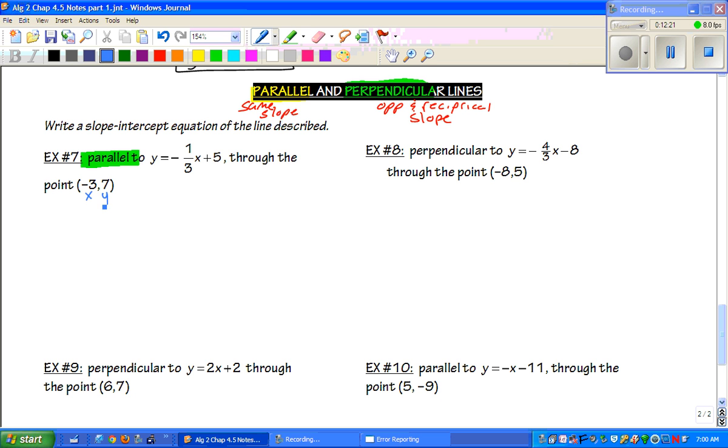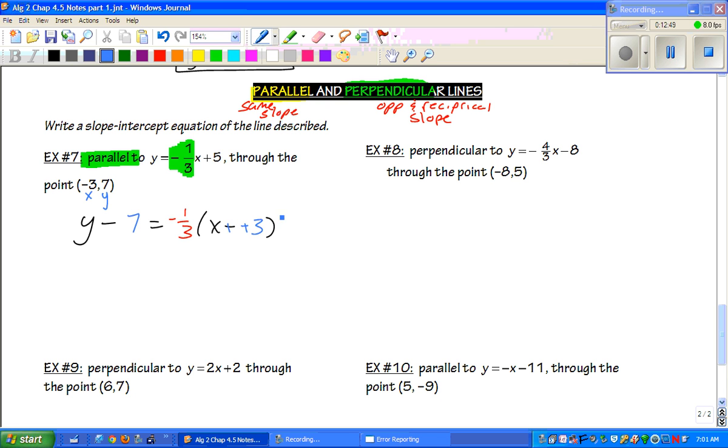So we know our x, we know our y, but what's our slope? Well, we have to steal the slope from the equation, okay? Since it's parallel, it's going to be the same. So when we plug into the equation, the x is negative 3, the y is 7, and then the slope is negative 1/3, okay?